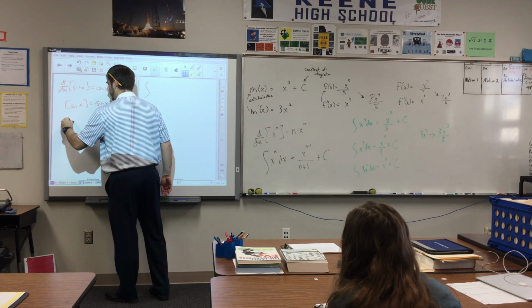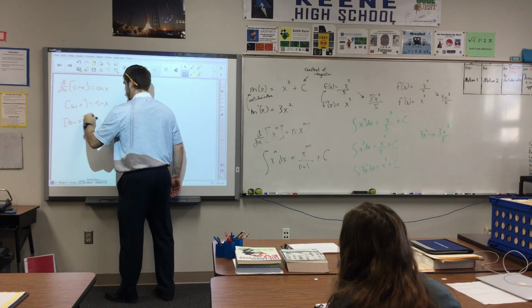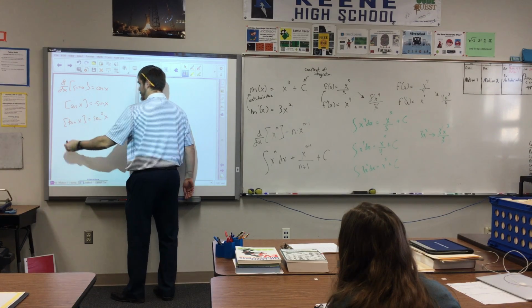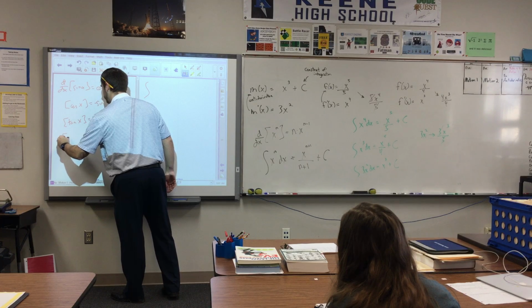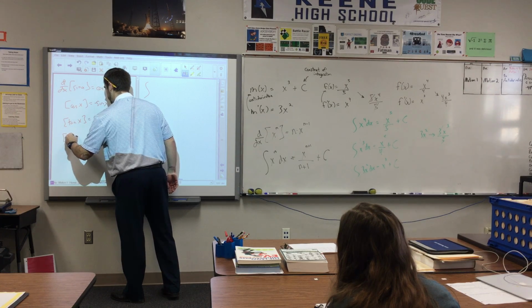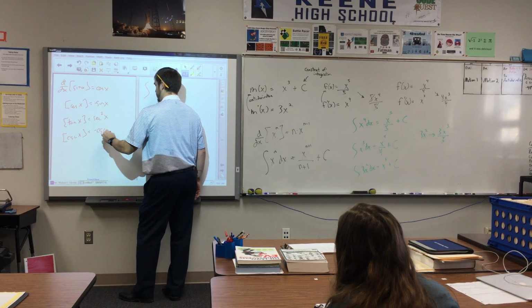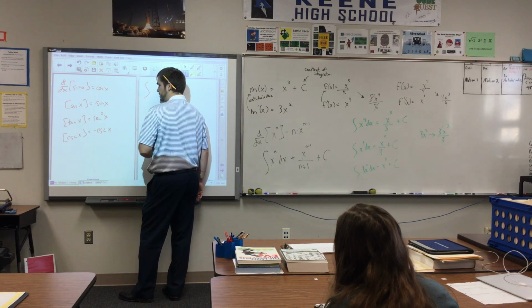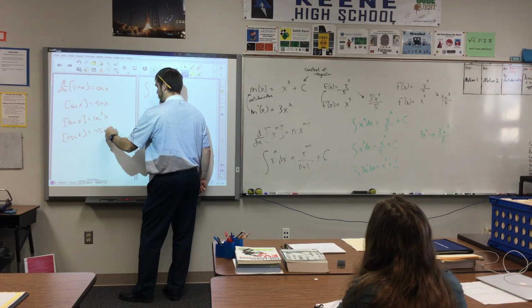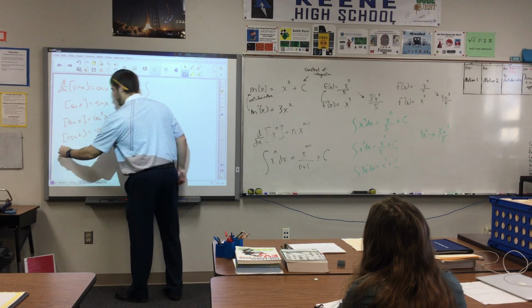The derivative of tangent? Cosecant? Negative cosecant x cotangent x.